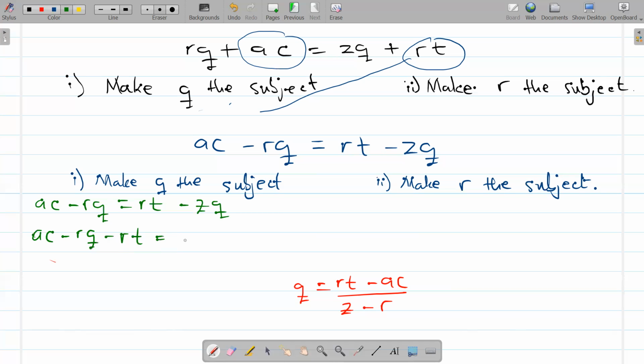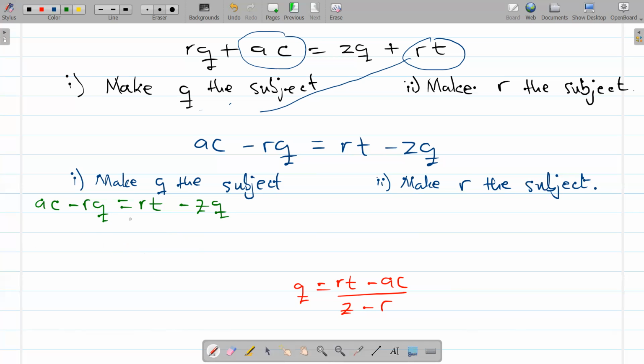Oh, what did I do here? So watch here. To make it simple, it's not always the case that it has to be on the left side of the equal to sign.